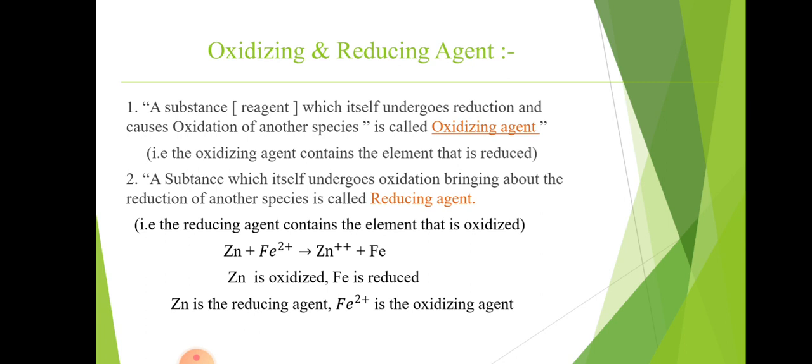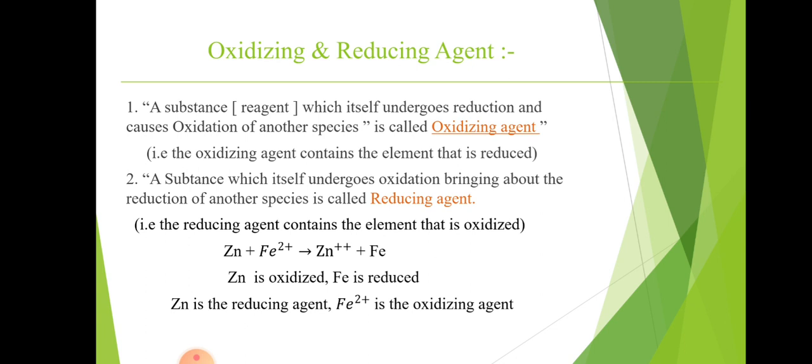One more reaction is potassium combining with chlorine to form potassium chloride, meaning K plus half Cl2, which is gaseous, to form KCl. In this reaction, K donates an electron.